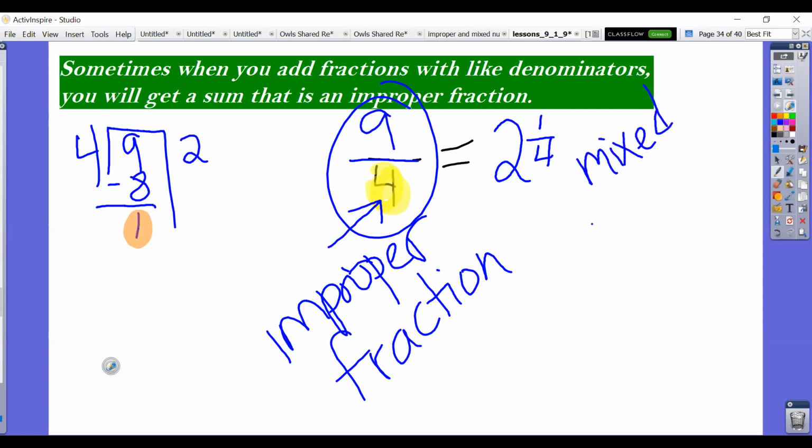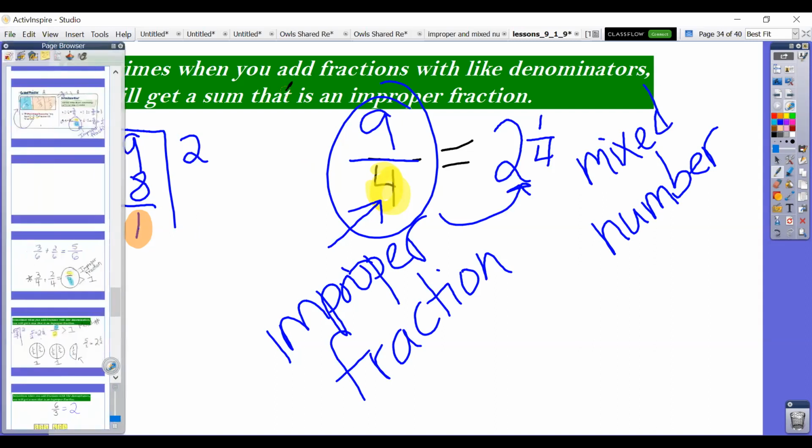And if you are adding fractions with like denominators and you notice that you have an improper fraction as your answer, you always want to rename that improper fraction as a mixed number. And you can do that through dividing, or you can do that through drawing a model.